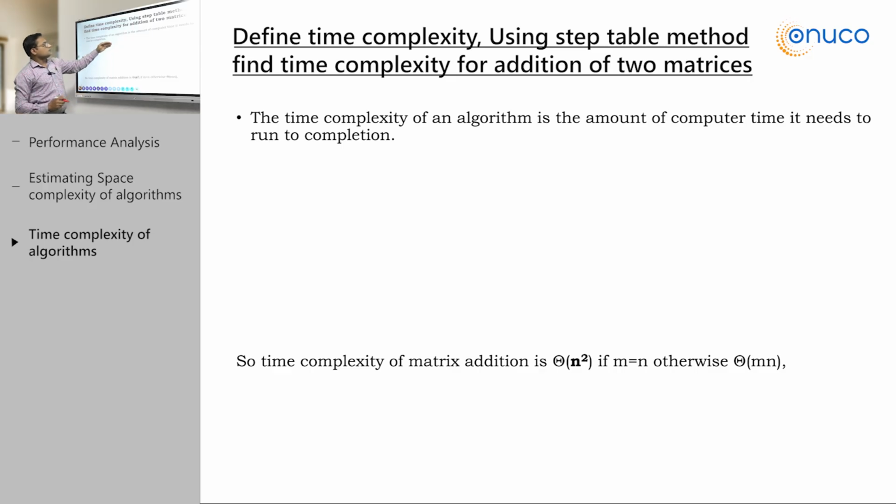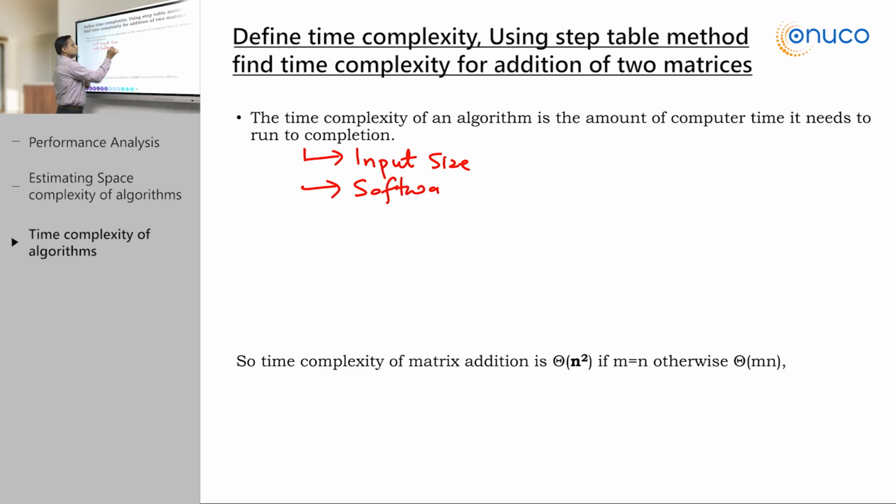The time complexity of an algorithm is the amount of computer time it needs to run to completion. Remember that this does not only depend on the program. It depends on the input size. It depends on your software. It depends also on your hardware.